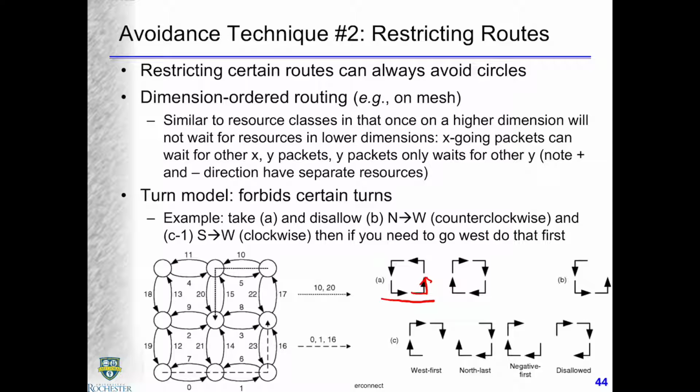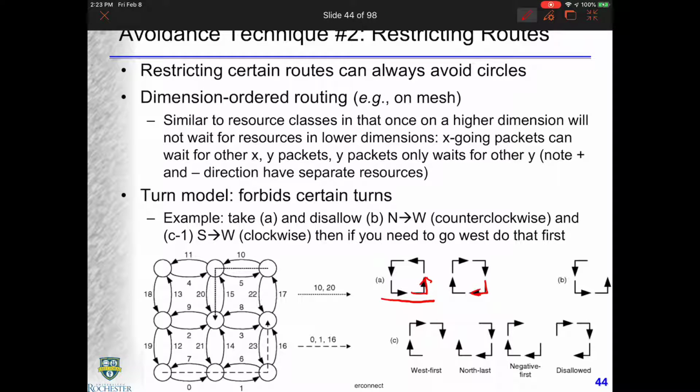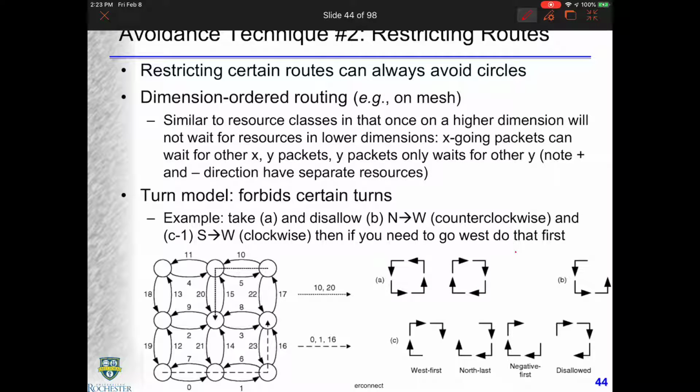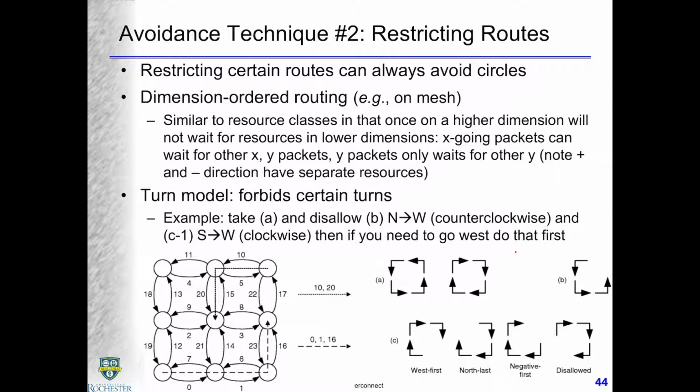You have 4 possibilities in the counterclockwise turning, and you have 4 possibilities in the clockwise cycle. And if you disable one type of turn in each cycle, then nothing can form a circle anymore.